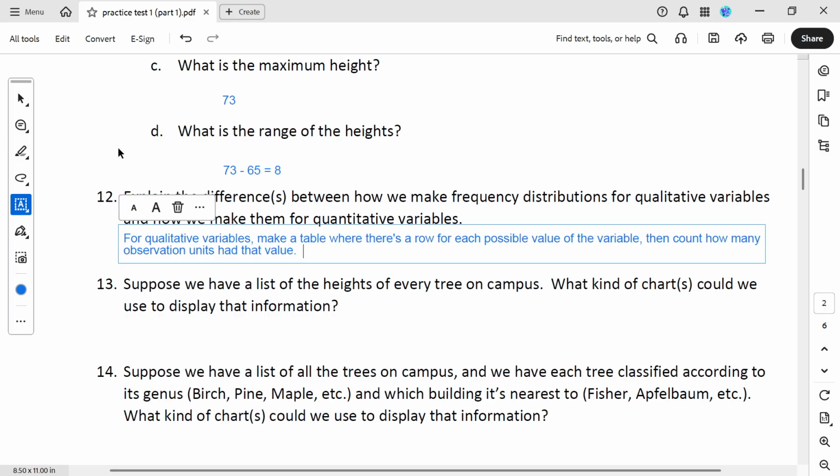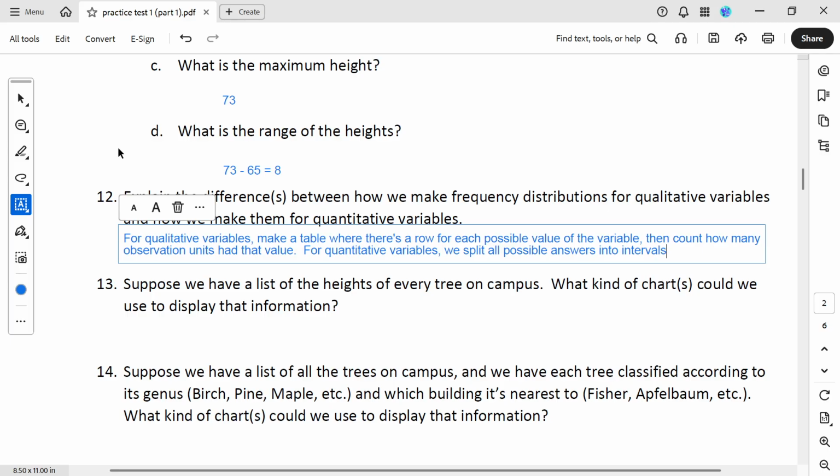But for a quantitative variable, you can't take every possible value because everyone might have put a different answer, or there could be infinitely many different possibilities. So you have to make intervals. So for quantitative variables, we split all possible answers into intervals.